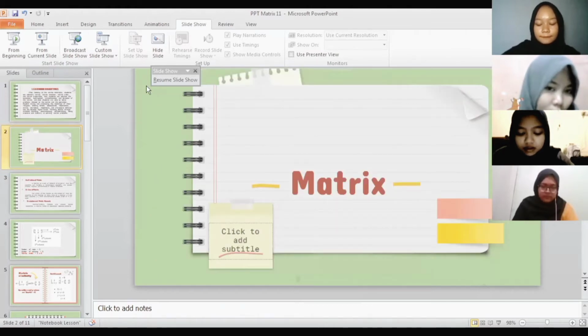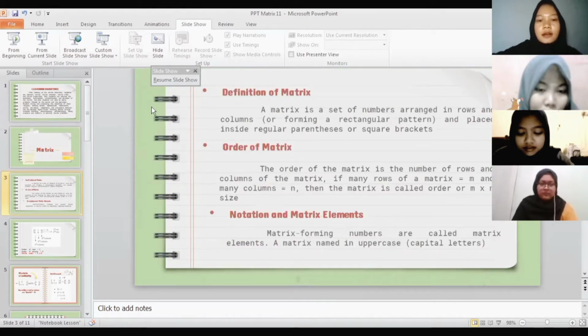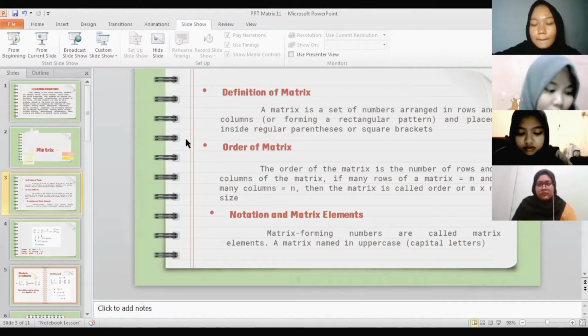Matrix. The first is the definition of a matrix. A matrix is a set of numbers arranged in rows and columns, forming a rectangular pattern and placed inside regular parentheses or square brackets. The second is the order of a matrix.